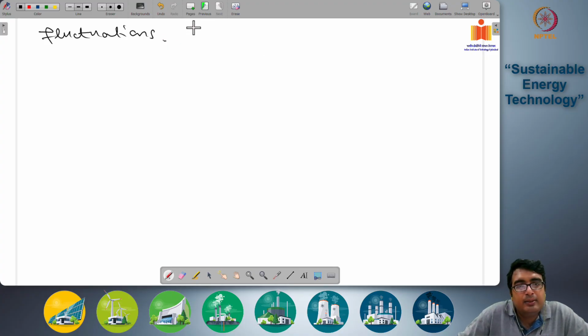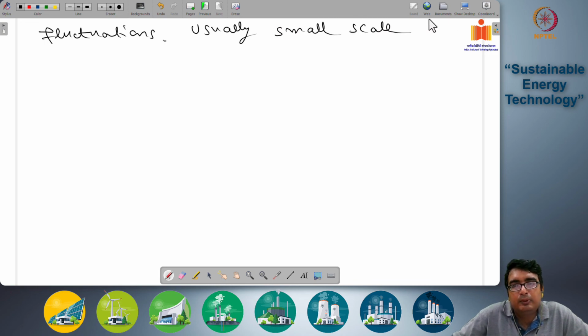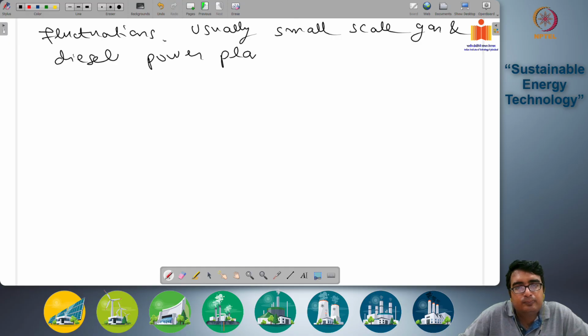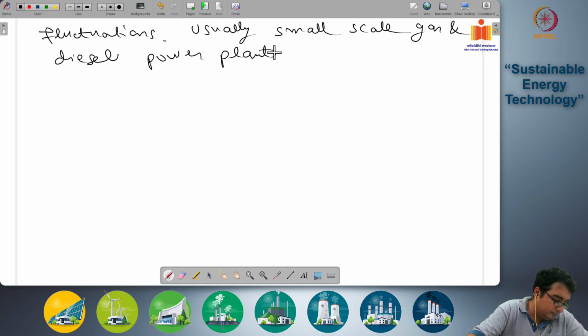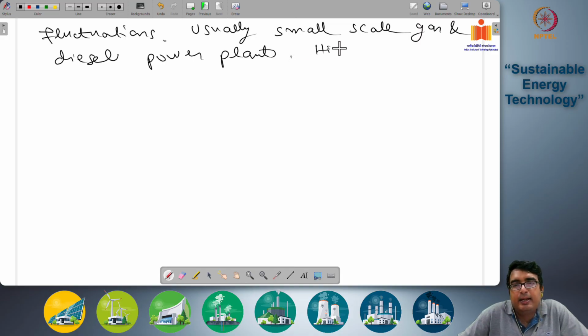So these are usually small scale gas and diesel power plants. They have higher cost and lower efficiency.